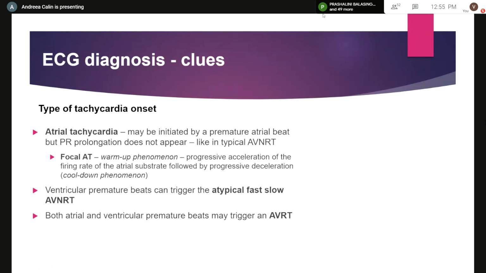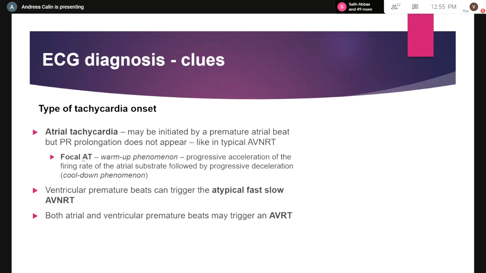And if we can see the type of tachycardia onset, there are some criteria here as well. The atrial tachycardia may be initiated by a premature atrial beat. And in typical atrioventricular nodal reentrant tachycardia, PR prolongation appears at the beginning of the tachycardia, but not in atrial tachycardia.